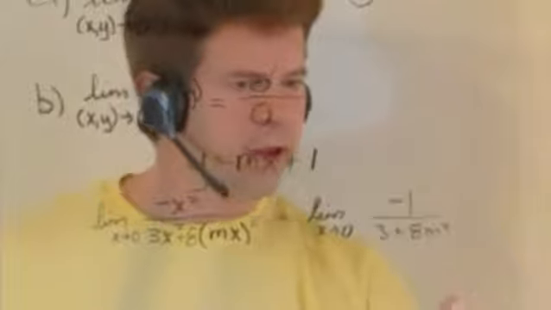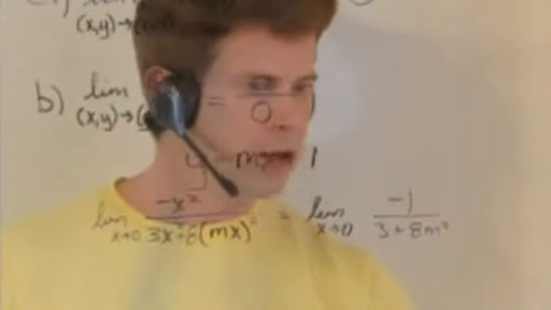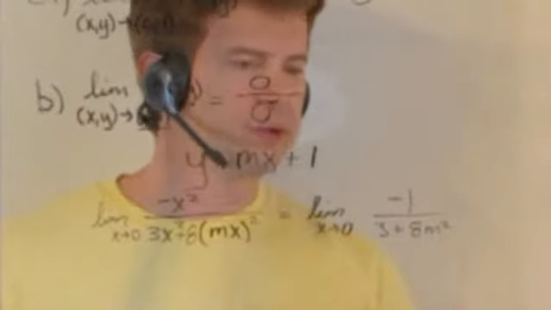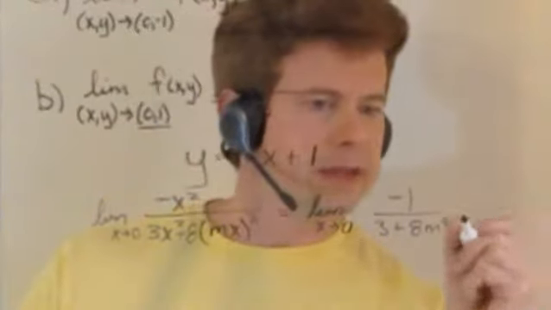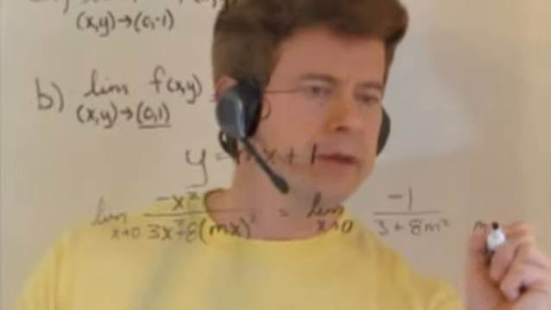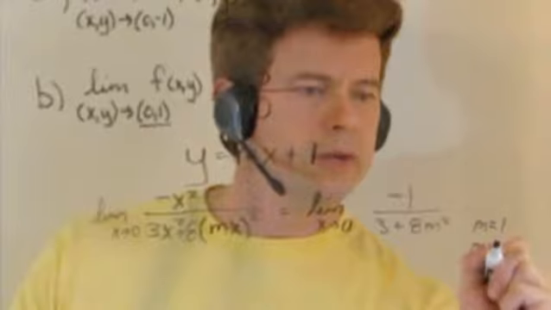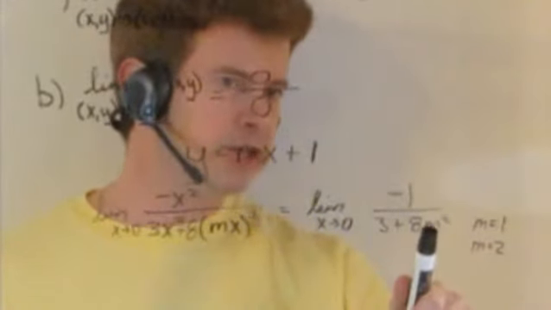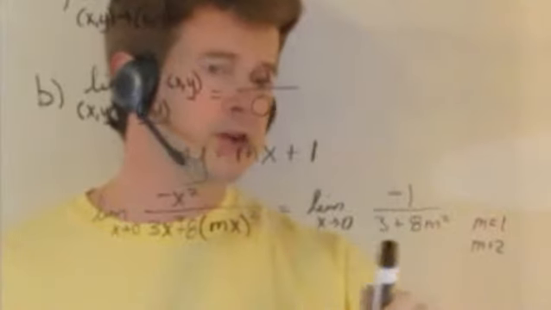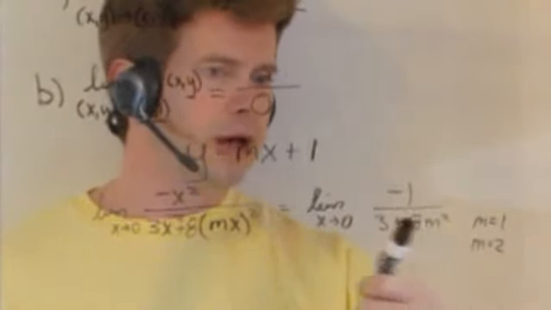Looking at this for the two-line test, we have to evaluate what the results would be coming in with different line angles. For example, let's say m is equal to 1 as compared to m equal to 2. Obviously, if we change the value of m down here, it's going to change the value of the entire limit.